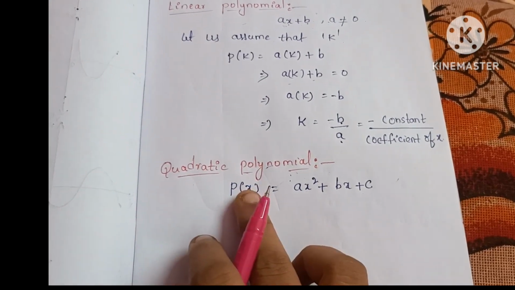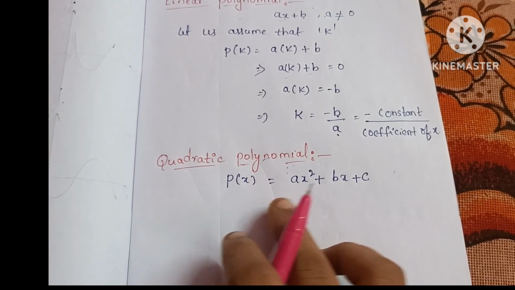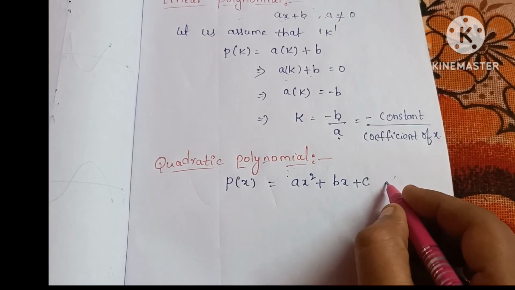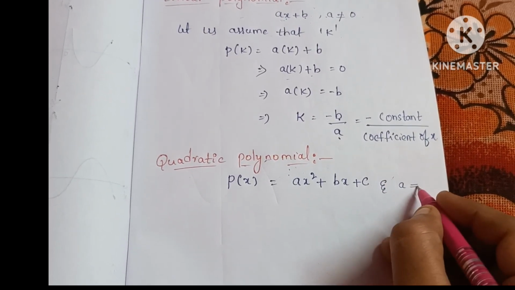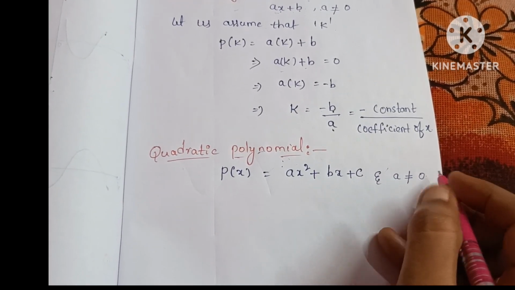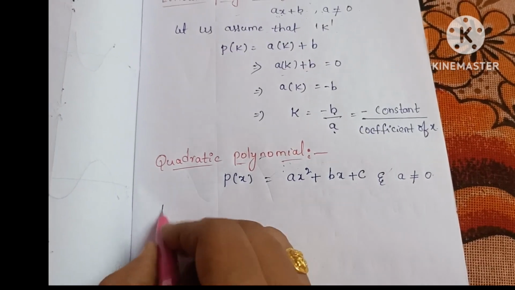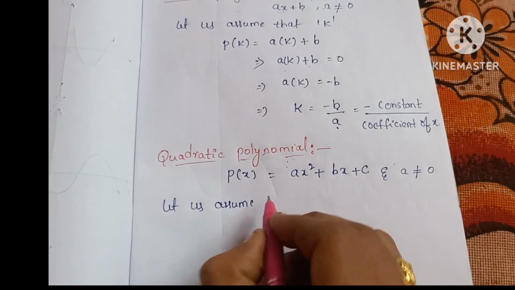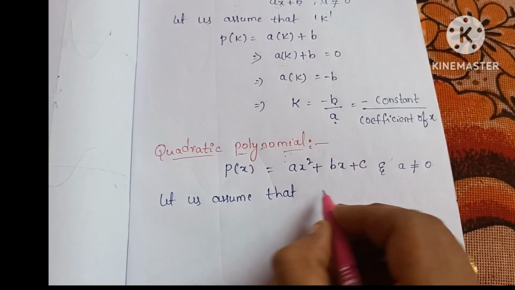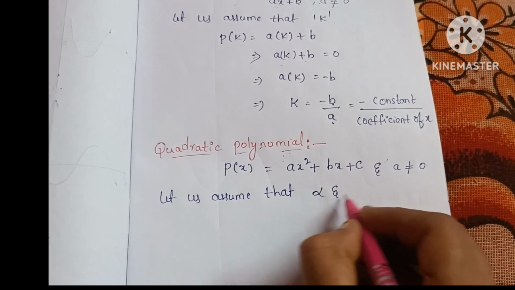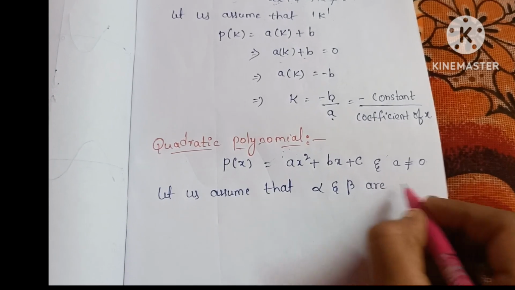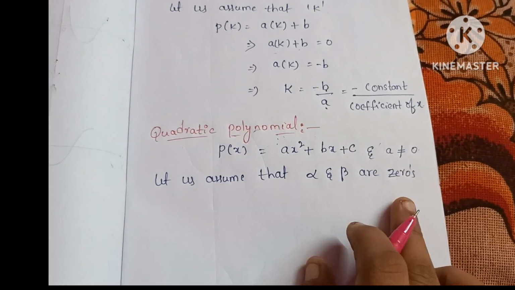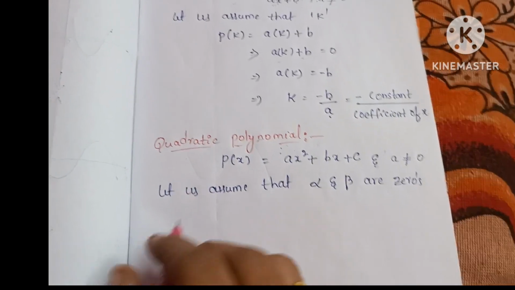Quadratic polynomial standard form: p of x equals ax square plus bx plus c and a not equal to 0. Let us assume that alpha and beta are zeros of the polynomial p of x.